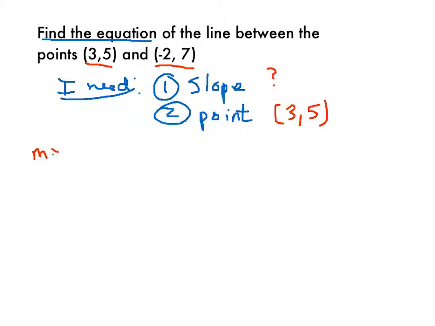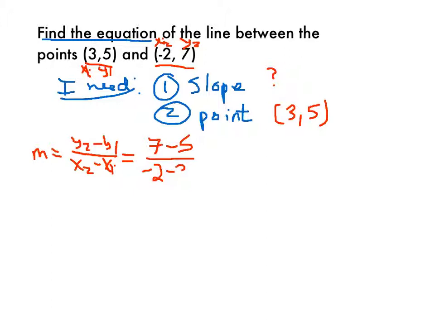Remember that the slope formula is y2 minus y1 all over x2 minus x1. So if I label this x1, y1, and I label this x2, y2, then my formula for slope would be 7 minus 5 all over -2 minus 3, which gives us 2 over -5.